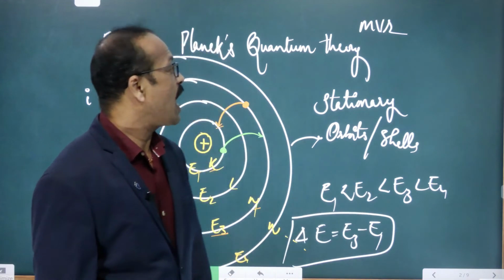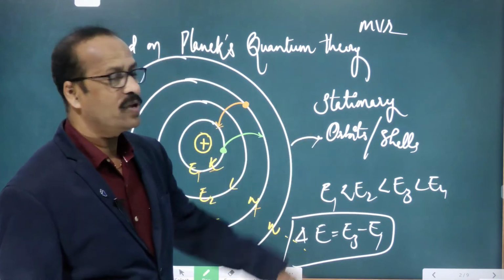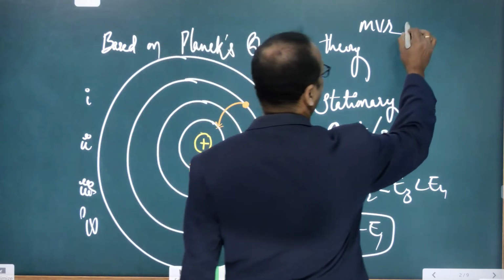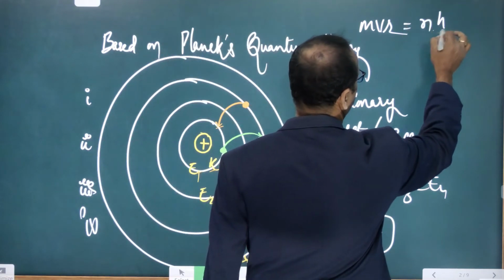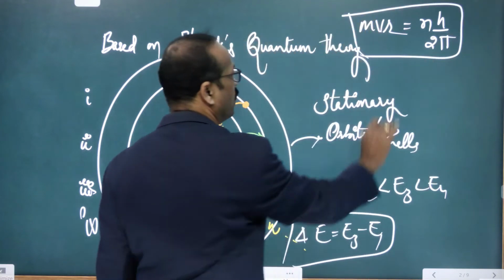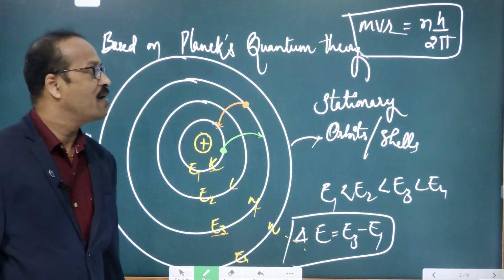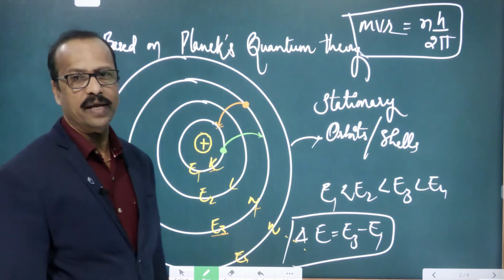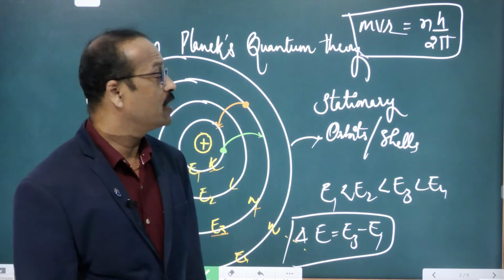Alright. So, the angular momentum of an electron, that is mvr, is equal to integral multiples of h by 2 pi. Very important formula. So, this is mvr equals nh by 2 pi.